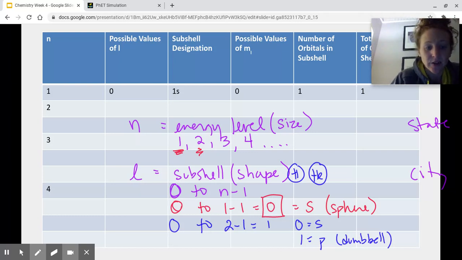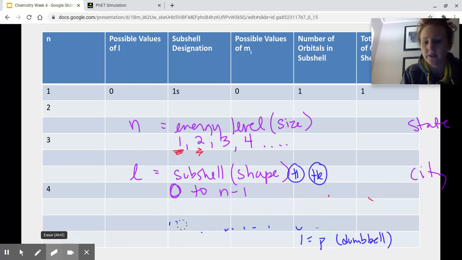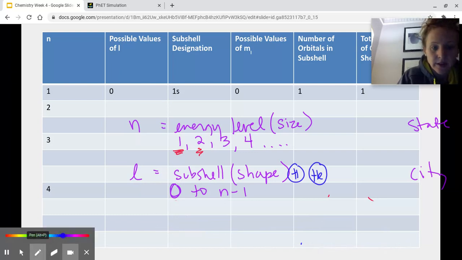Okay, now there's actually 4 shapes. So let me tell you what all of those shapes are. The first energy level can have an S shape.